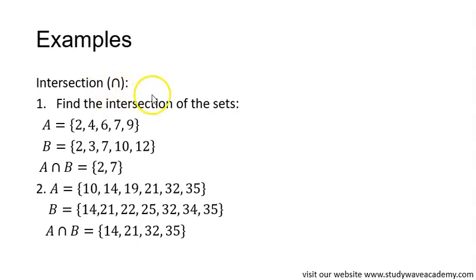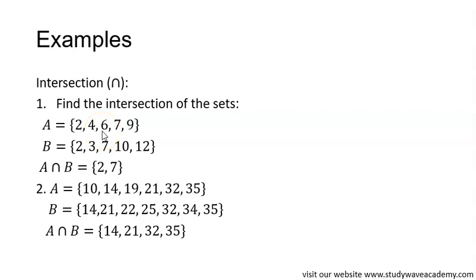So let's find the intersection of these sets. We have set A and set B. Set A contains 2, 4, 6, 7, 9, and set B contains 2, 3, 7, 10, 12. So what is the intersection between these 2 sets, set A and set B?